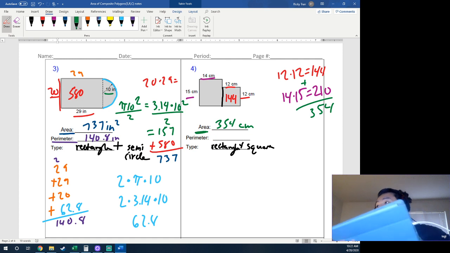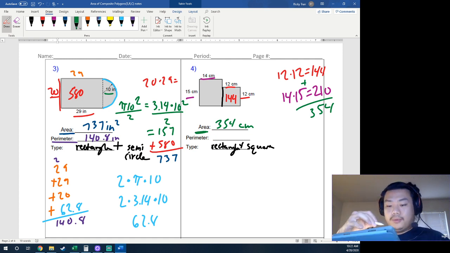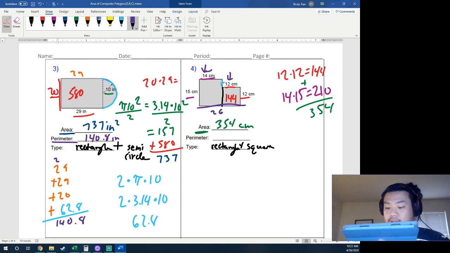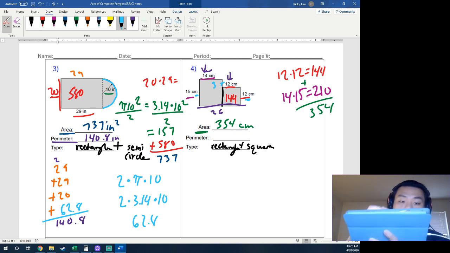Okay, and then we do perimeter. So we have to find this length here and this length here. This length here is just the sum of this plus this. So this is just 26. And then the blue length is this minus this, or 3.